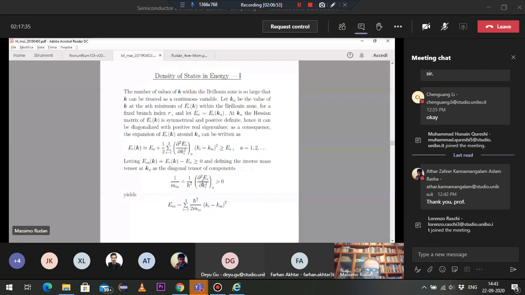So the second derivatives along the first, second, and third axis are all positive in the minimum, okay? Then we divide by the square of h bar, which is of course positive. We obtain a positive quantity whose units are those of the inverse of a mass. We call it 1 over M_iA.